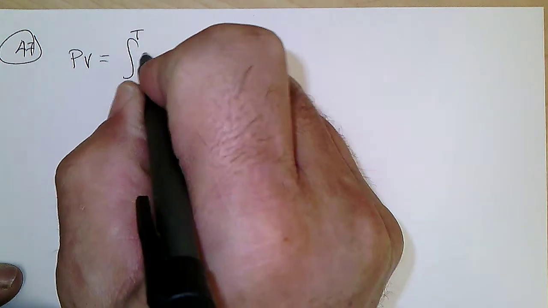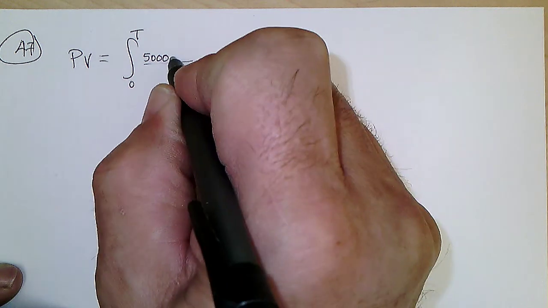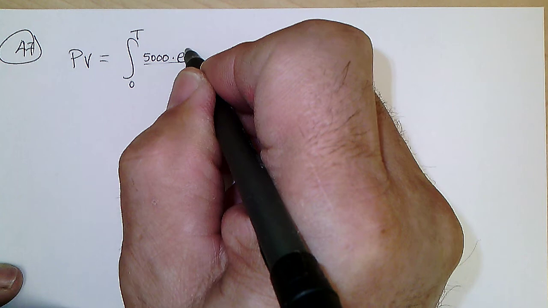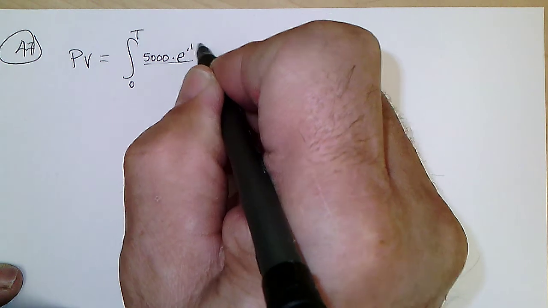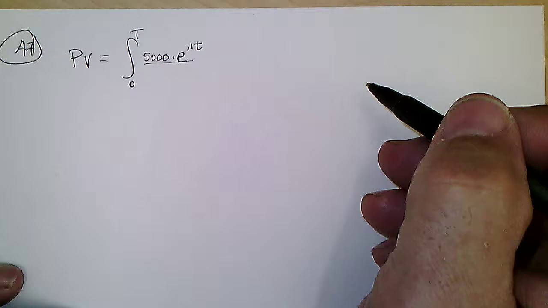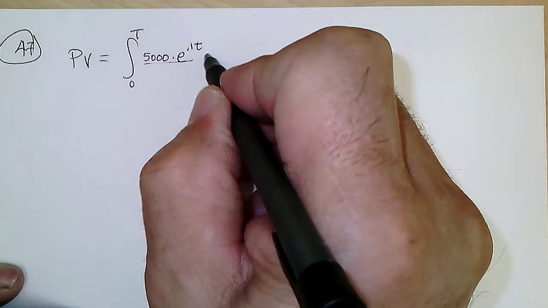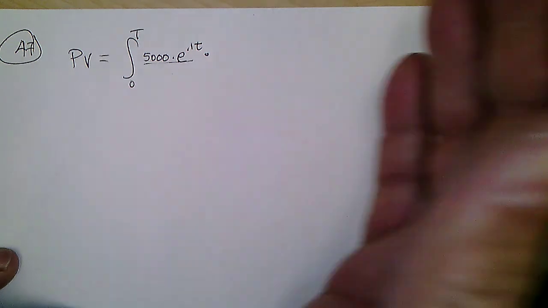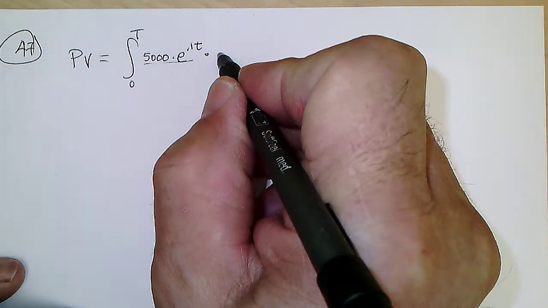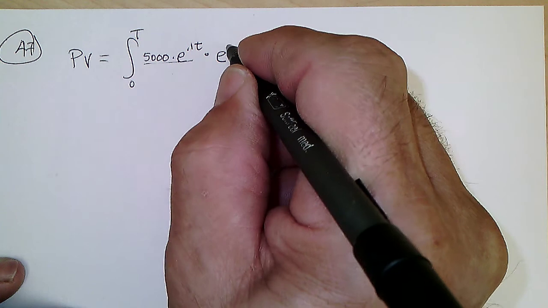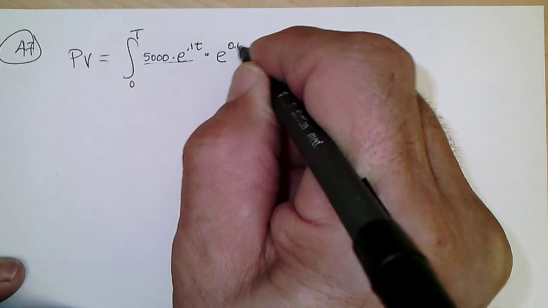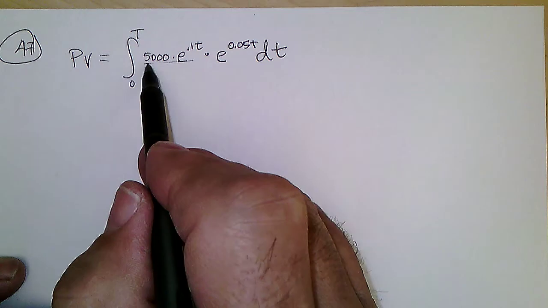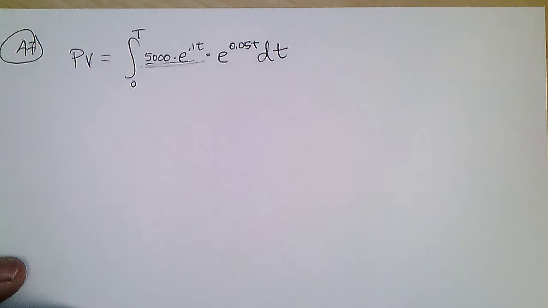So that's going to be 5,000 times e to its going up at 0.1 t. Now the value of it, that's later, and when you work out the costs, they're saying that is e to the 0.05 t dt.